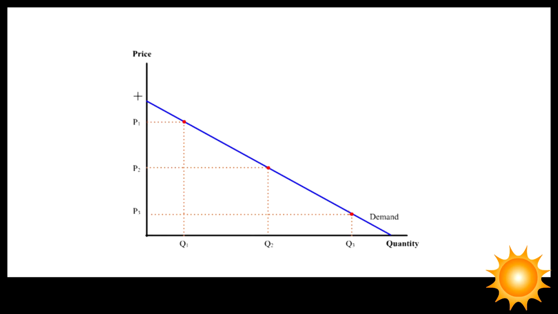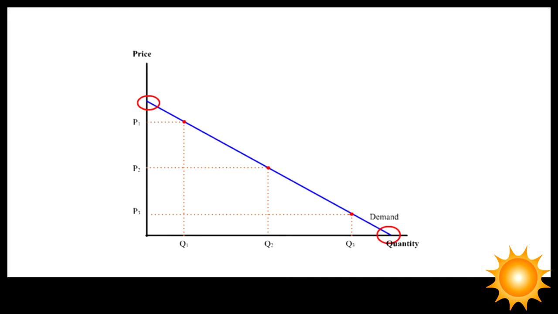The vertical intercept represents the highest possible price any buyer would pay, and the horizontal intercept represents the maximum amount that would be needed even if it's free.